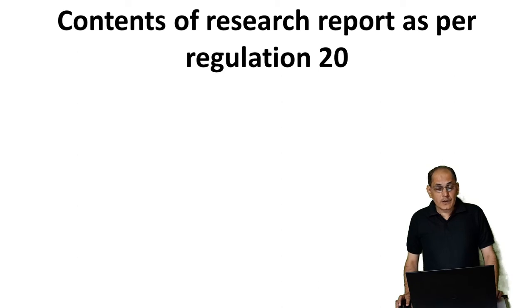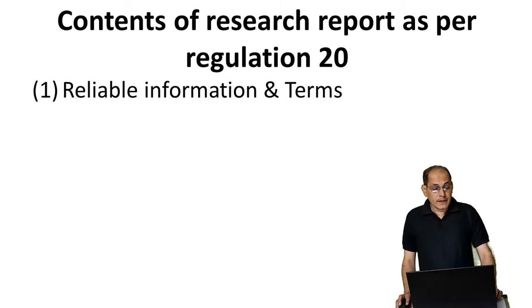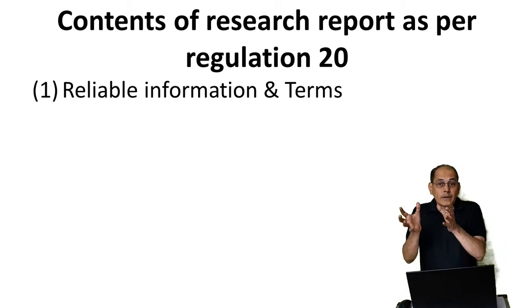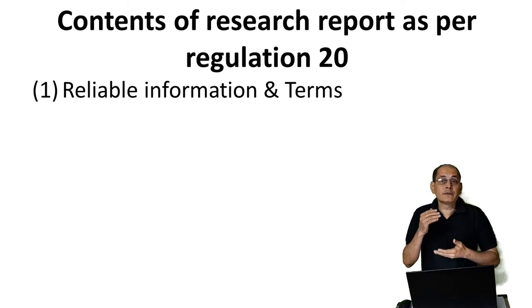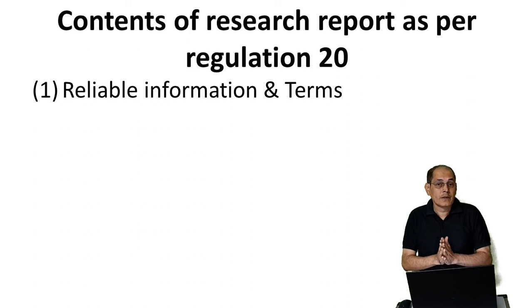Contents of research report as per regulation 20. Regulation number 20 of the research analyst regulations requires certain points like reliable information and terms. So the source from which you have collected the information must be reliable, and the terms that are used to describe a particular item must be consistently followed in the preparation of your report.